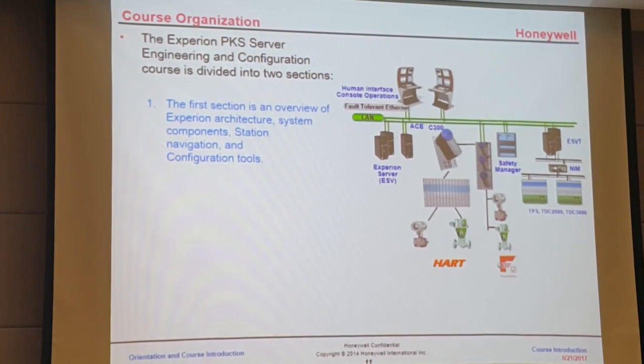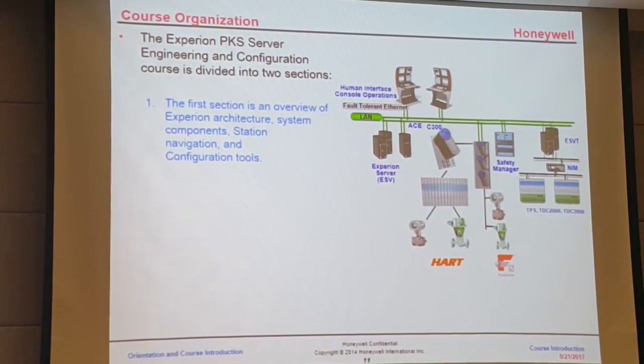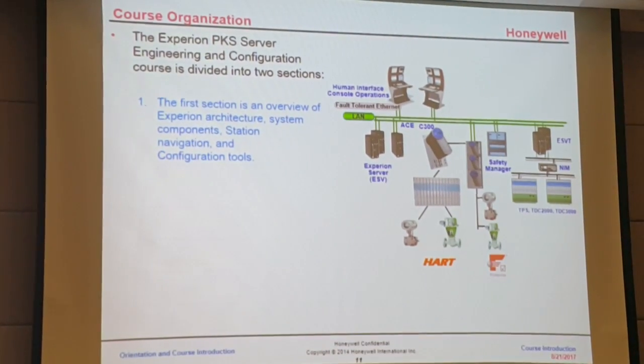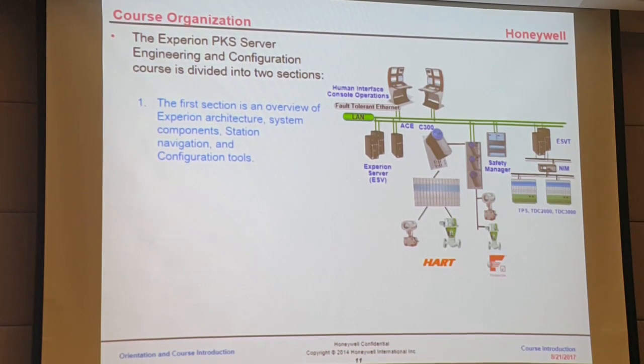The course is organized into two major parts. We are going to start off with an overview of Experian. We will talk about all the different components that go into an Experian system. We will deal a little bit with station, navigation, and all the configuration tools that we will be using during this week.